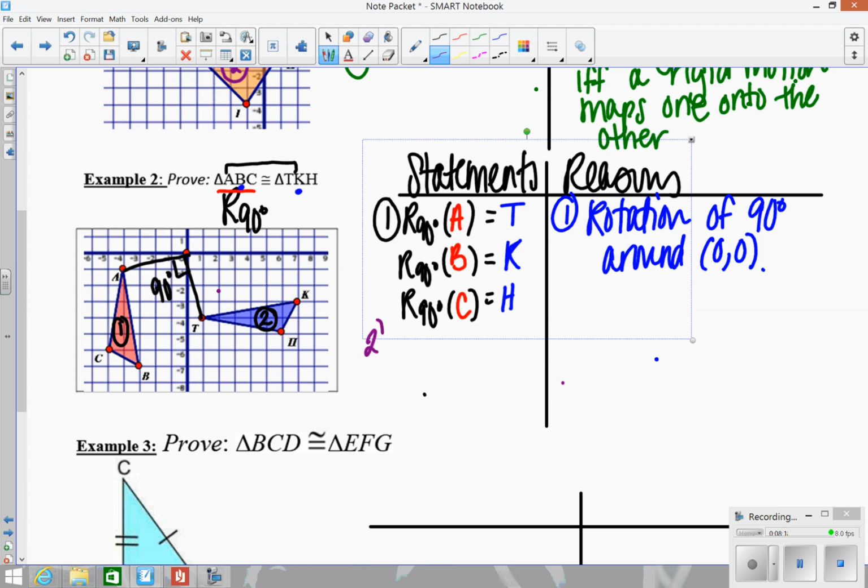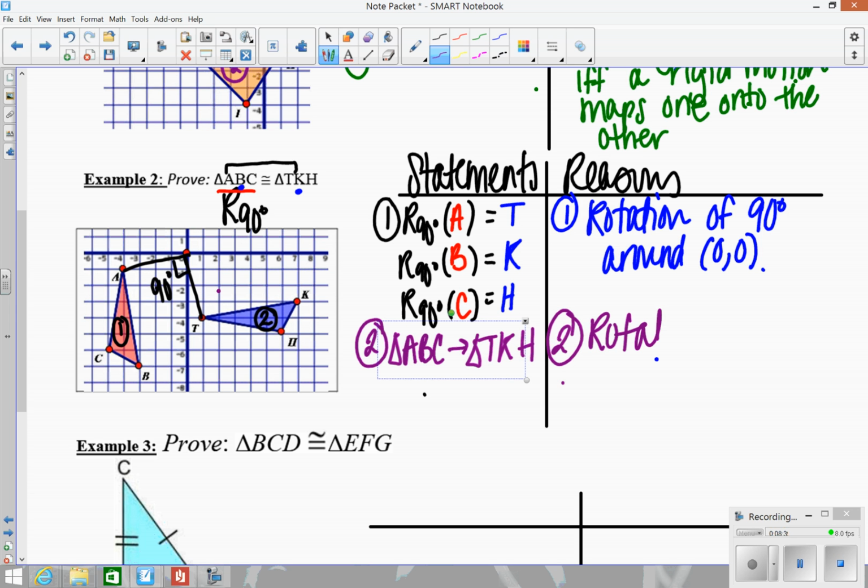So then the second step is to say, well, that actually makes that triangle map onto the other triangle. So that means triangle ABC must have mapped onto triangle TKH. Reason for that is because rotations map triangles onto triangles.